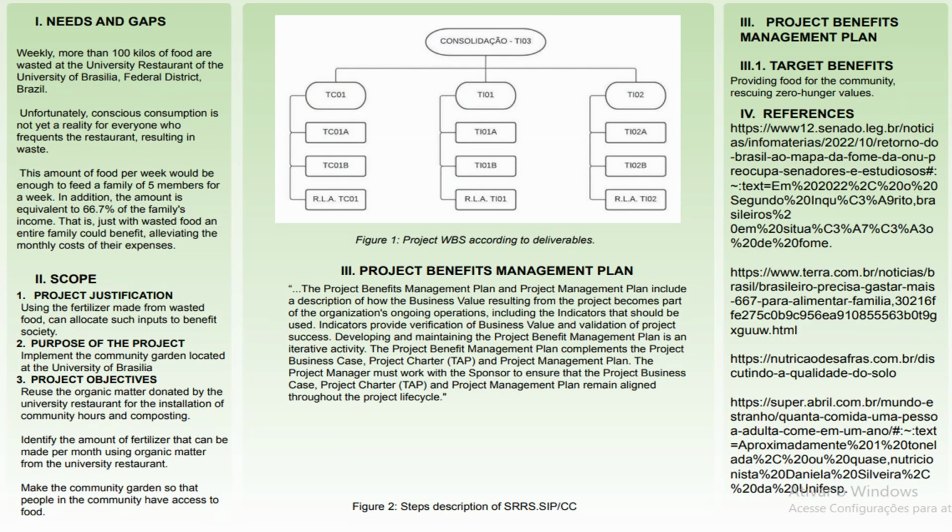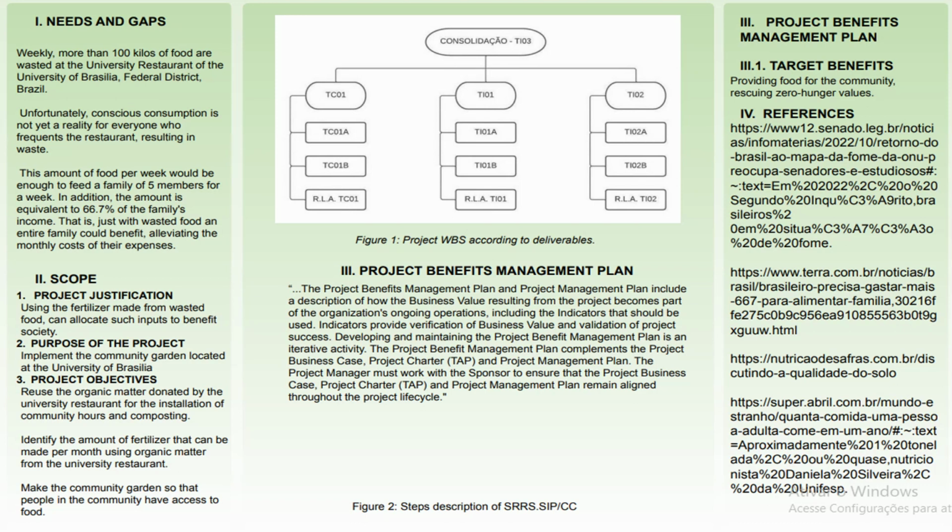Now we're going to start to enter the project itself for our group. First, we're going to talk about the needs and the gaps, the motive of why we're developing this project, specifically the community garden.